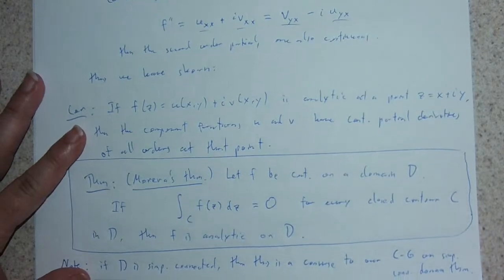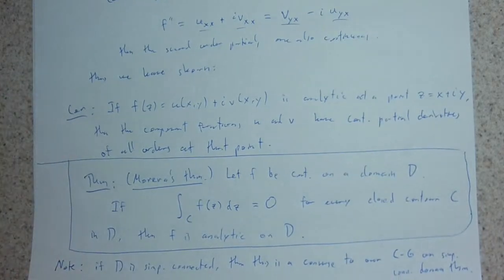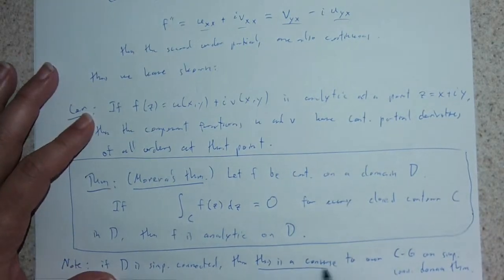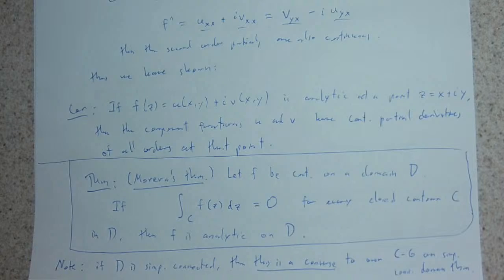I don't think we had a name for it. I think I just said Cauchy-Goursat on simply connected domains, right? So this is a converse to Cauchy-Goursat. Cauchy-Goursat said the opposite: if you had a function that was analytic on a simply connected domain D, then this contour integral was always 0. So in the case that D is simply connected, this is actually a converse to that fact.